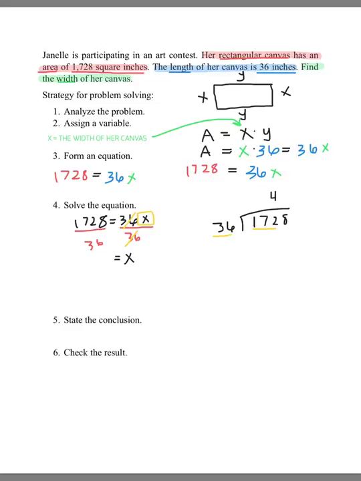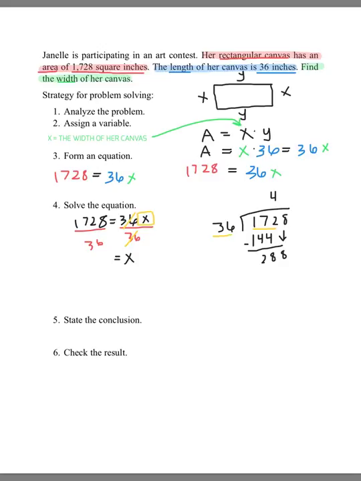So now we're going to have 4 times 36, which is going to give us 144. We're going to go ahead and subtract these two values. So when we carry out the subtraction, we end up with 28. So now we're going to go ahead and bring down this 8.